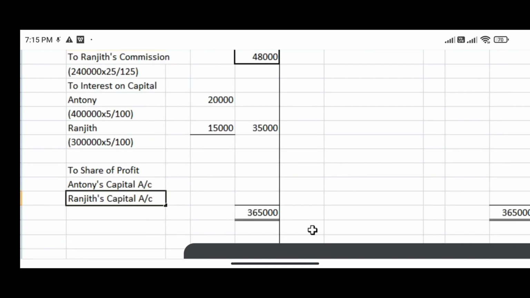The share of profit which we get from subtracting the 3,65,000 and the debit side total is 1,92,000. So this profit is going to be divided in the ratio 1:1 for Anthony and Ranjit. So the profit which we got was 1,92,000. So we are going to see the share of profit for Anthony.